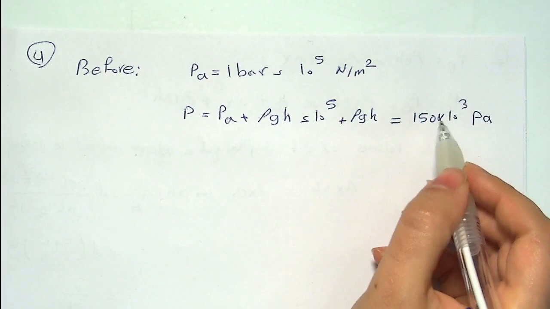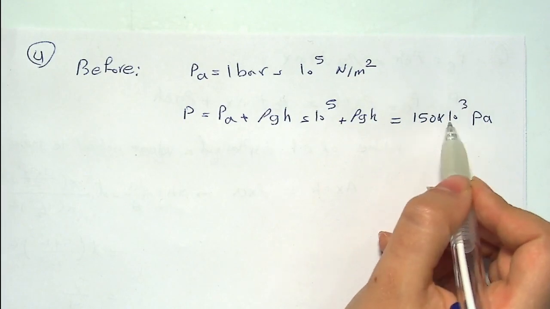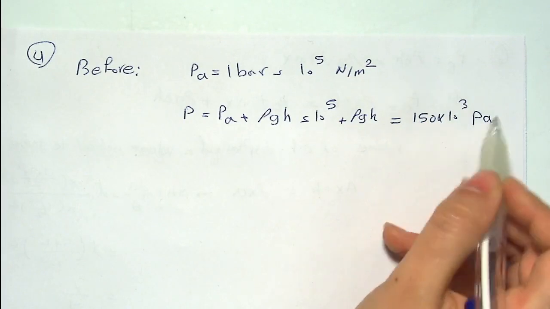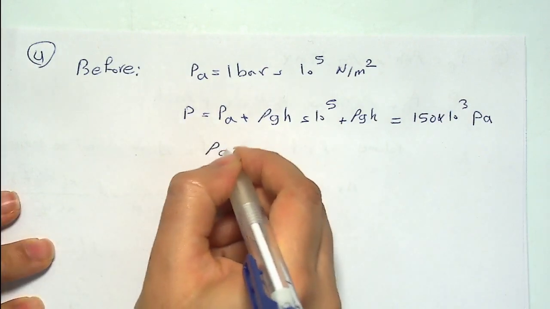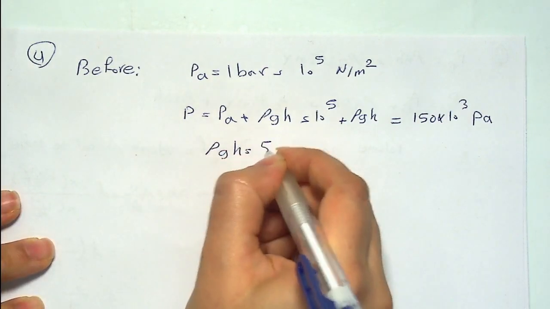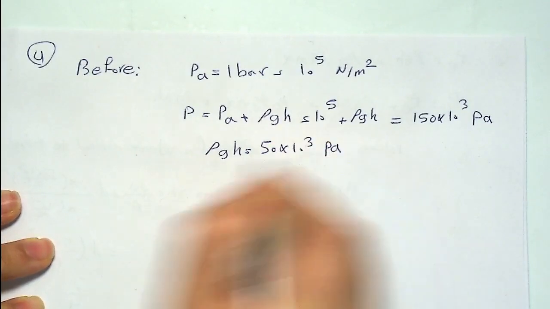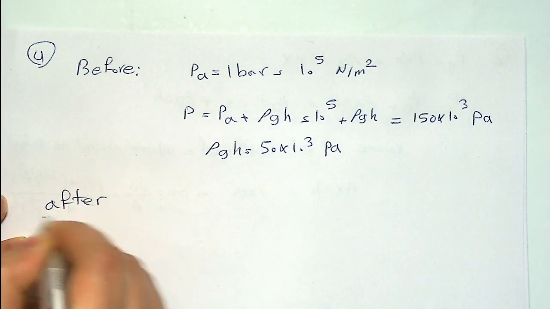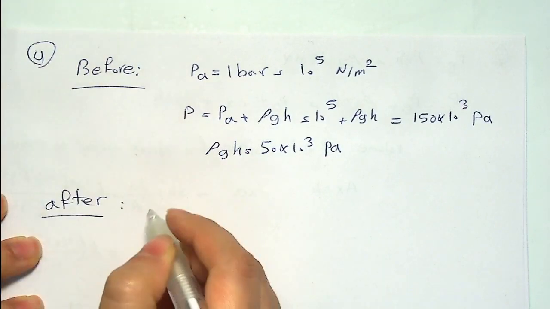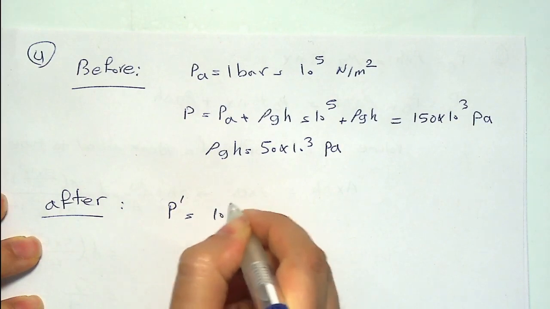The pressure of the tank is given in the question as 150 kilopascal. Using this, I can calculate rho GH, and rho GH would be 50 kilopascal.